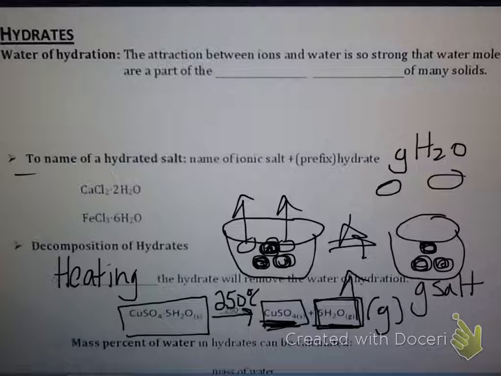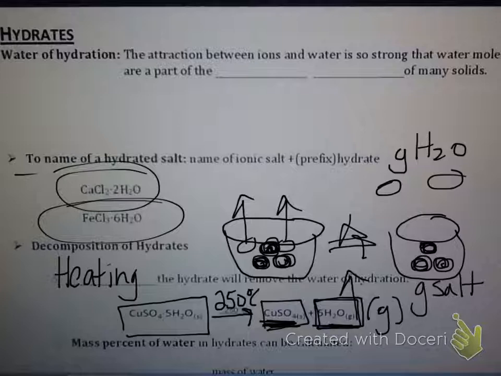By looking at the formula, we can calculate that. And from that information, if we calculated the percent water by mass lost in the lab, we can determine which hydrate we have. So let's practice, if we're given a formula, how to calculate the percent mass that we should expect of water lost should that hydrate be heated.